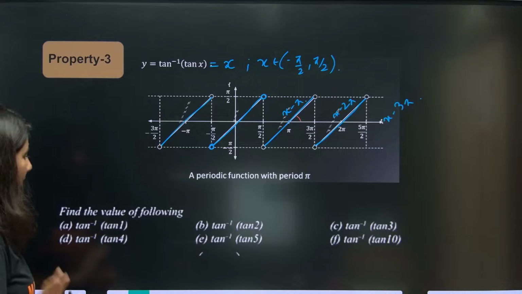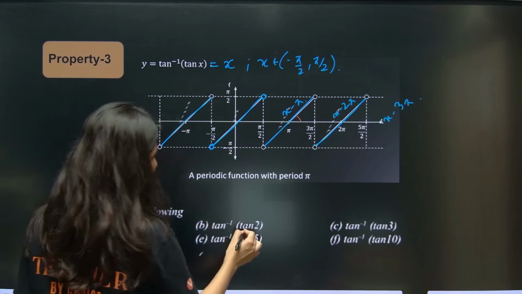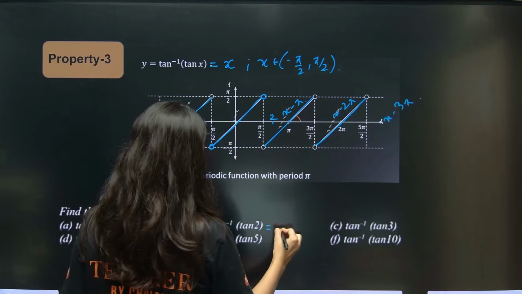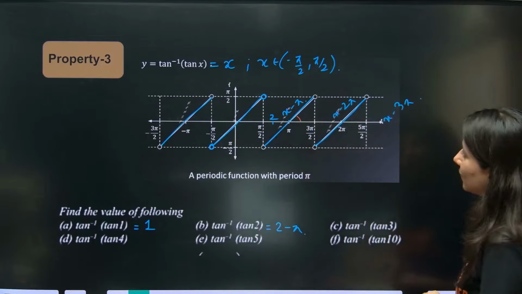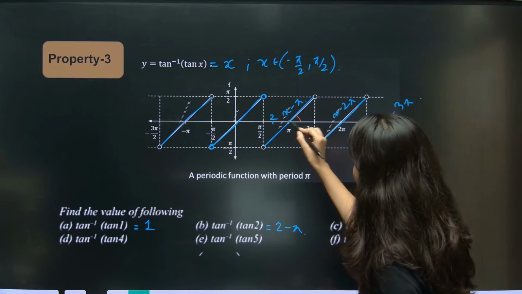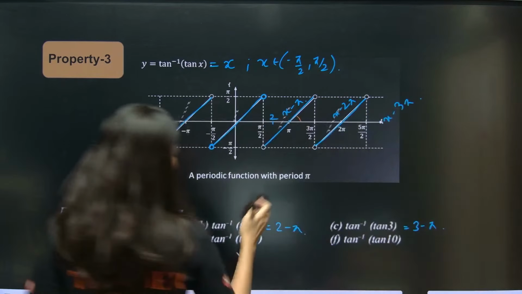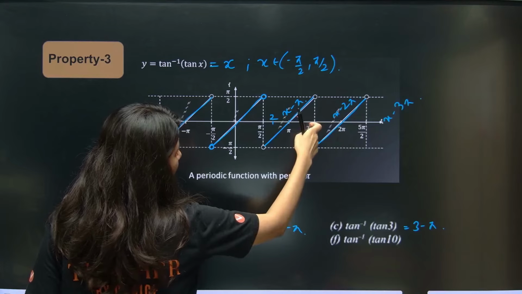Here, tan inverse tan 1, first quadrant, means 1. Tan inverse tan 2, 2 is lying over here, second quadrant, x minus pi. So this is 2 minus pi. Tan inverse tan 3, 3 lies over here, again 3 minus pi. Where is 4? 4 is somewhere over here.